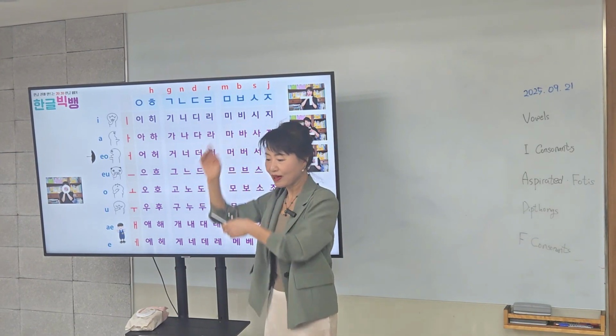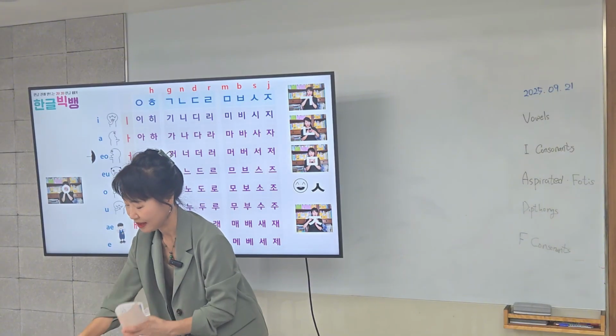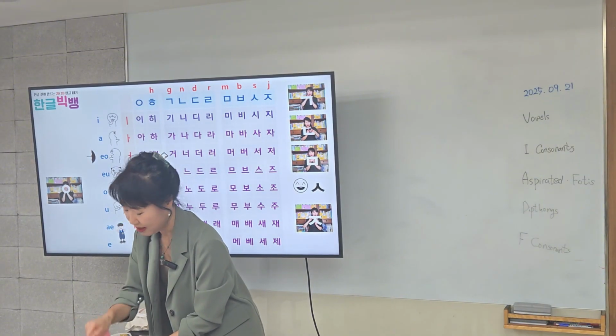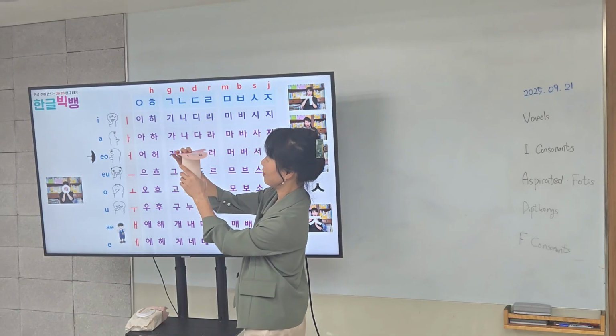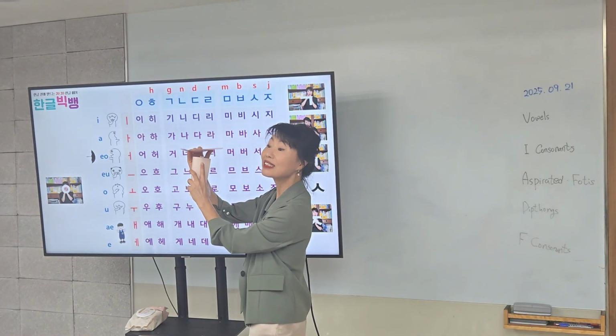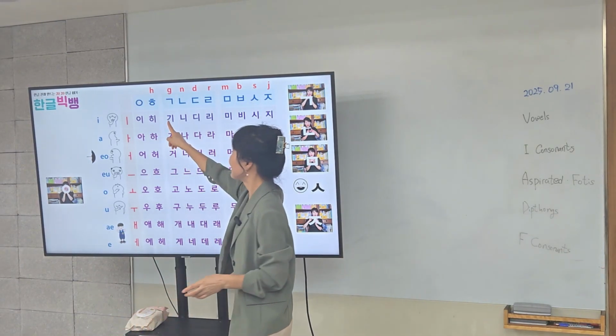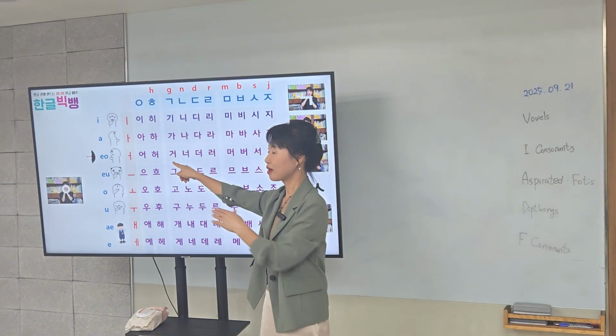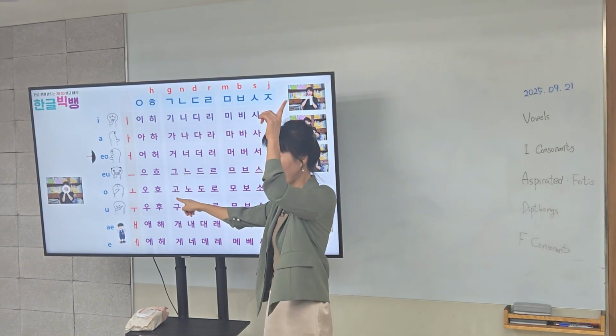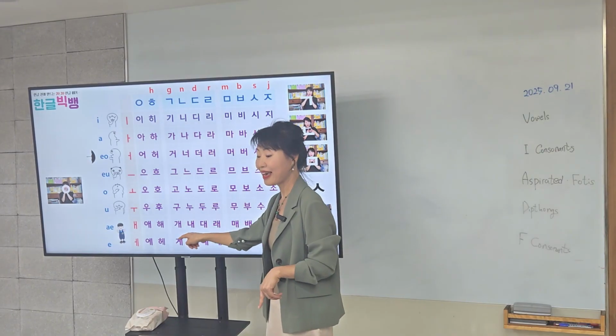Okay, can you remember? Like this. So 기, 가, 거, 그, 고, 구, 개.